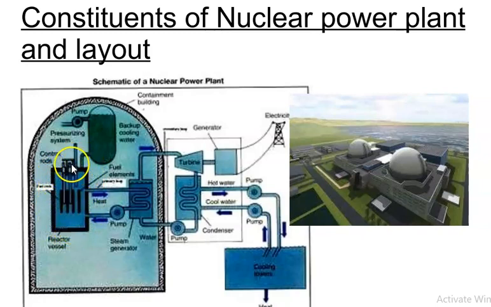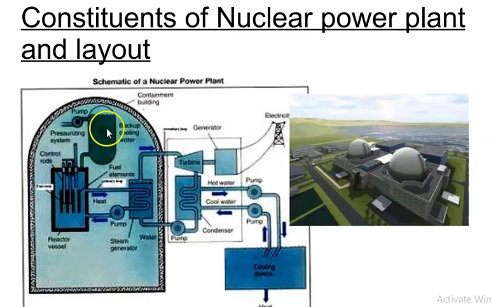The control rod is placed vertically in the reactor vessel. This black vertical line indicates the fuel element. It is generally solid and cylindrical in shape. Generally we use uranium 235.